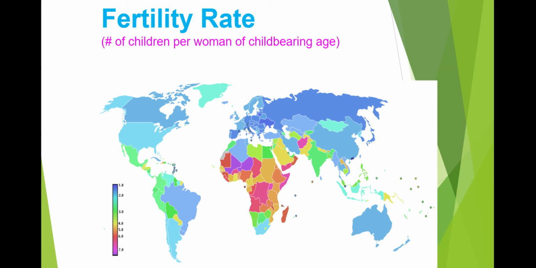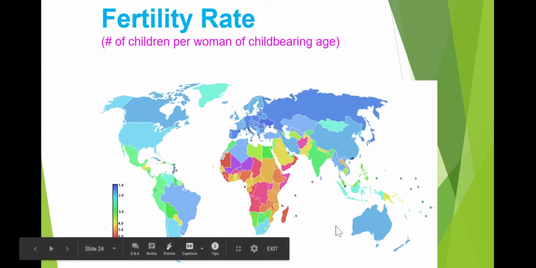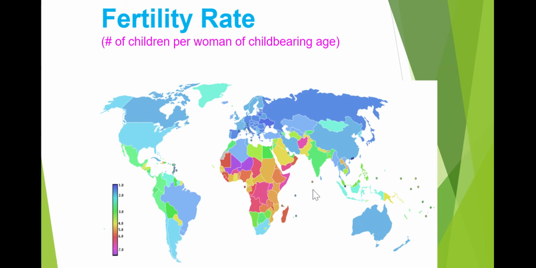And then as we get higher, we see some purple on the map. So these countries that you see, you have Mali, let's see, Chad, Niger. Some interesting examples of countries that have really high fertility rates, around 6 or 7 children per woman.